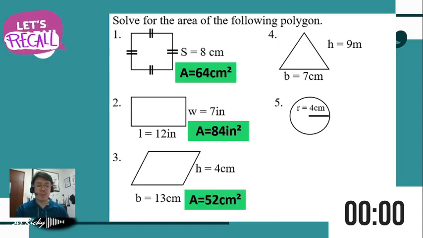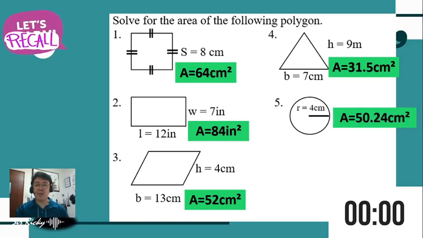Its area is equal to 52 square centimeters. Number 4, a triangle with a base of 7 centimeters and a height of 9 centimeters. The area is 31.5 square centimeters. Number 5, a circle having 4 centimeter radius. The area is equal to 50.24 square centimeters.